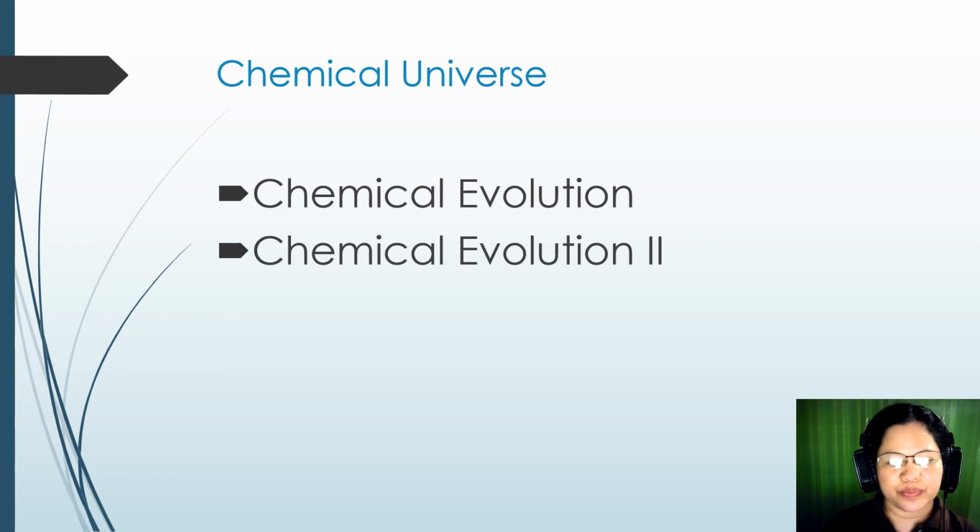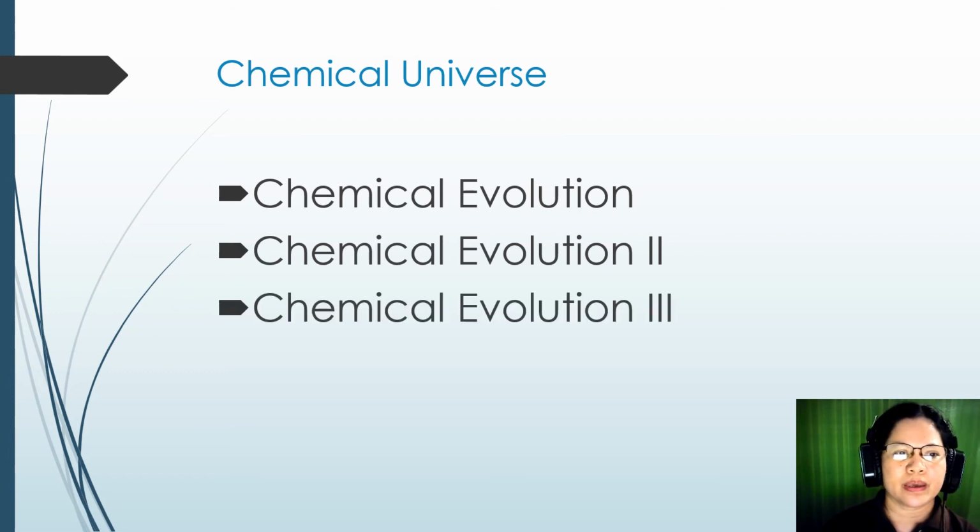And these freshly made elements are delivered via stellar winds or sometimes more spectacularly via supernova explosions. And the last one is the chemical evolution 3. Maybe you are familiar with transition metals. Example is transition elements, for example iron, or Fe.